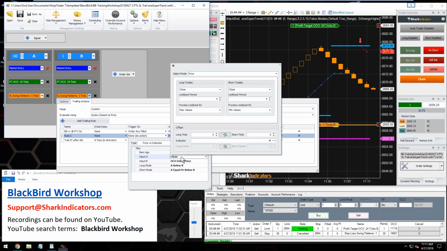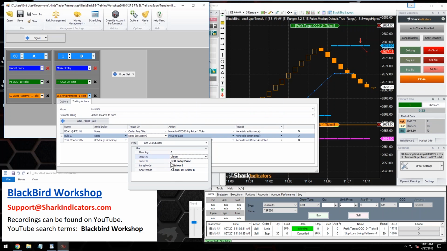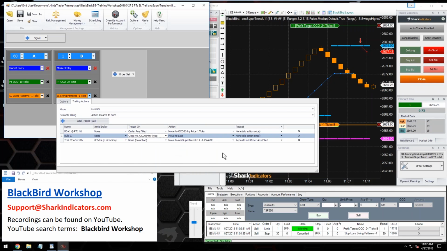In other words, if the last 4 closing prices of the bar had closed below the entry price, then that would make this trigger event true. So for a short trade, we want the opposite condition here. So we want A above B. Yeah, I think that actually will do it.